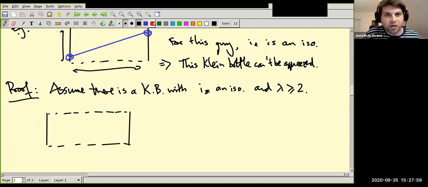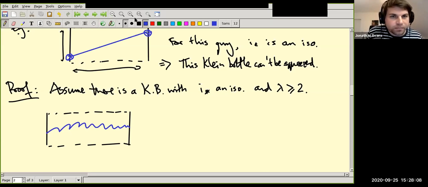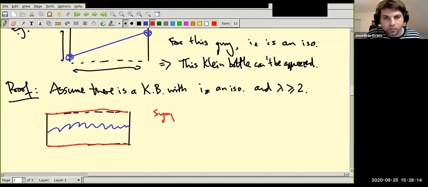That's just going to be some kind of messy thing. Then I'm going to symplectically cut at the top and the bottom, so I reintroduce these two spheres. That doesn't affect my Klein bottle because my Klein bottle is inside the interior of this manifold. Let me give those spheres a name: I'm going to call this one S1 and this one S0.